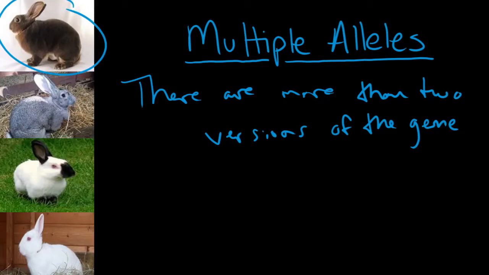It actually has a truly dominant allele that is dominant to all others. But then you have the chinchilla color rabbit right here that has a gene that codes for the chinchilla coat that is not dominant to the full color gene, but it is dominant over the Himalayan and the albino genes.